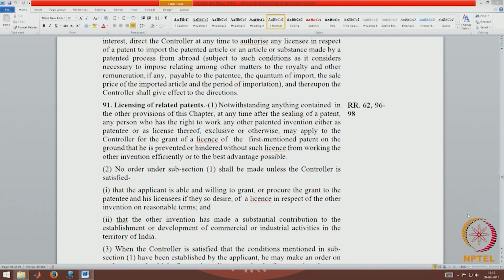Sealing used to be a step before the grant of a patent, now it is no longer relevant, and the last amendment to the Patents Act actually removed all evidences of sealing except in this chapter, the chapter pertaining to compulsory license. So, we read this as at any time after the grant of a patent, any person who has the right to work any other patented invention either as a patentee or a licensee thereof.